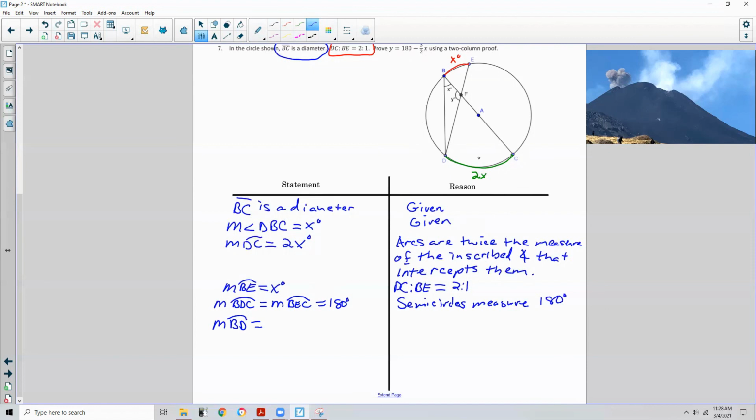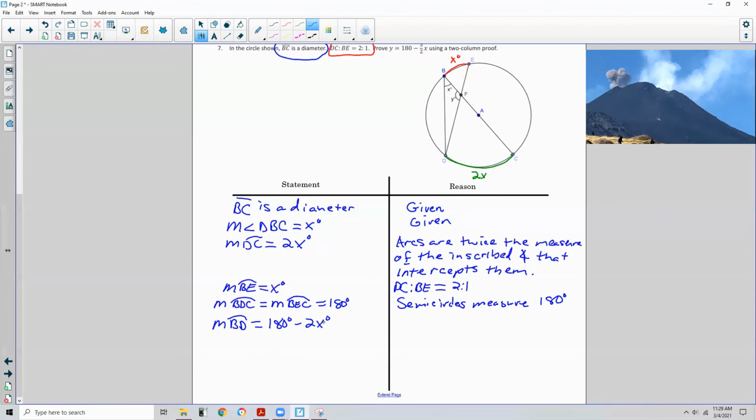So the whole side, BC, is 180. So BD is 180 minus 2x degrees. This whole arc BDC is 180 degrees. You take BDC minus DC and you get BD.